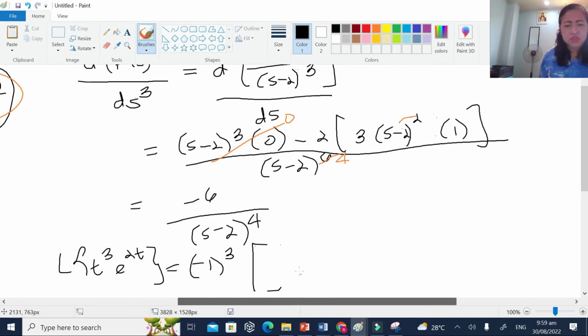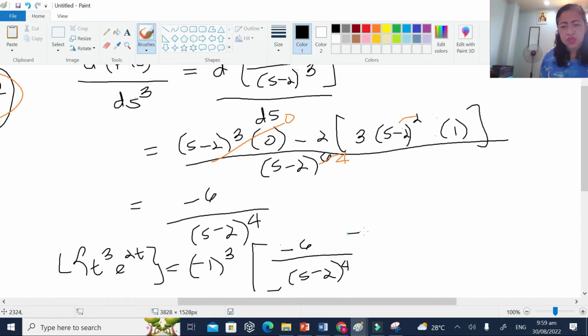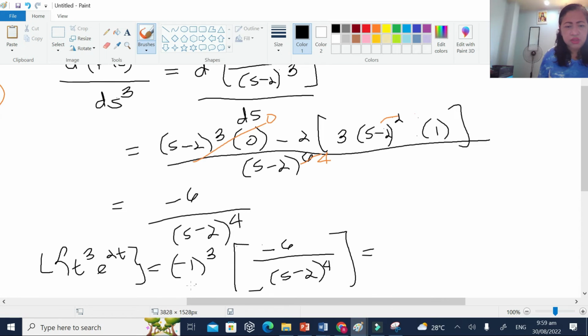So that will be negative 6 over s minus 2 raised to the 4. So that will now be equal to positive 6 over s minus 2 raised to the 4.